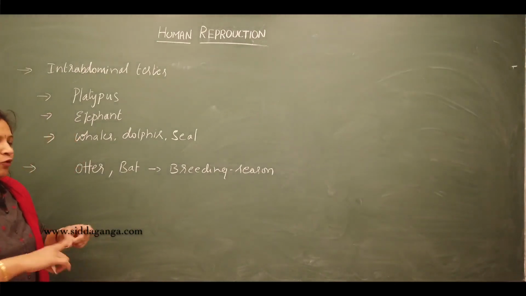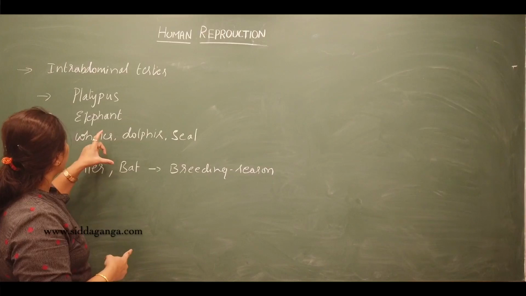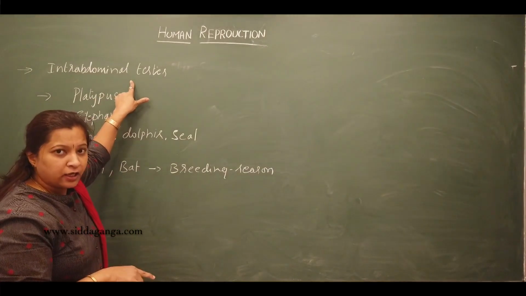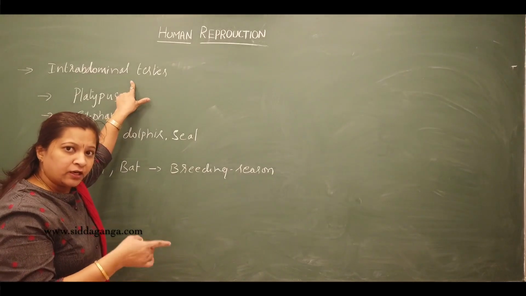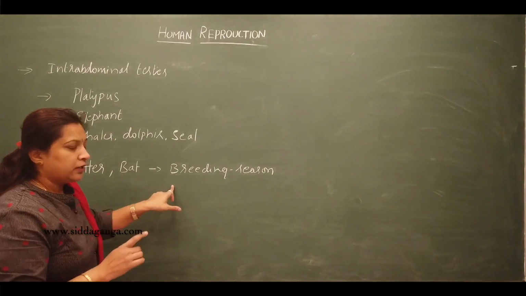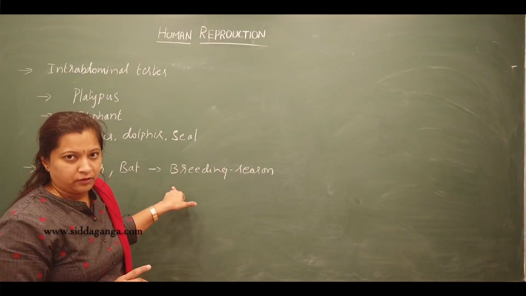So in most of the mammals the testes are extra abdominal. In some mammals they are intra-abdominal, located inside the abdomen and functional within the abdomen only. And in some seasonal breeders, the testes will come to the scrotum only during the breeding season.